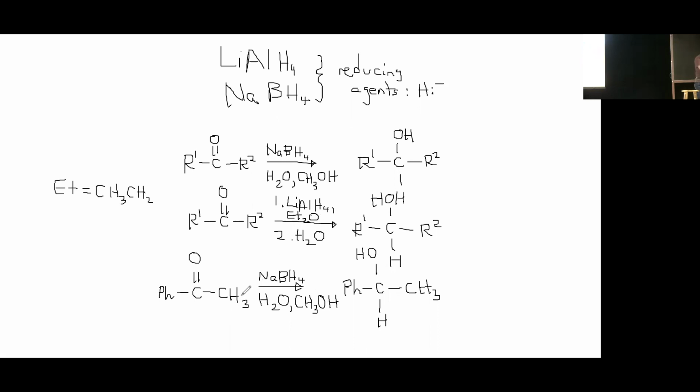So this is just CH2. Oops, I lied. Not benzyl alcohol. Phenethyl alcohol. Not that I care that you know what it's called. That's what you'd get. So the hydrogen comes from the hydride ion. I would expect lithium aluminum hydride would give the same result.